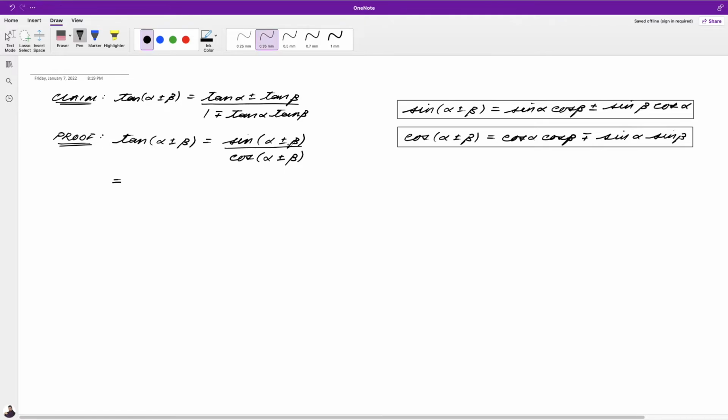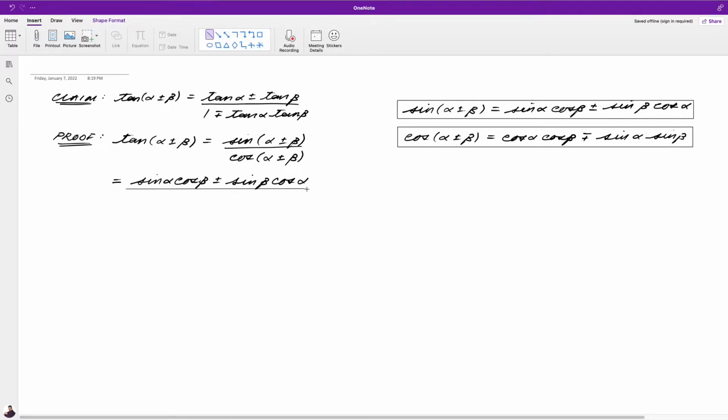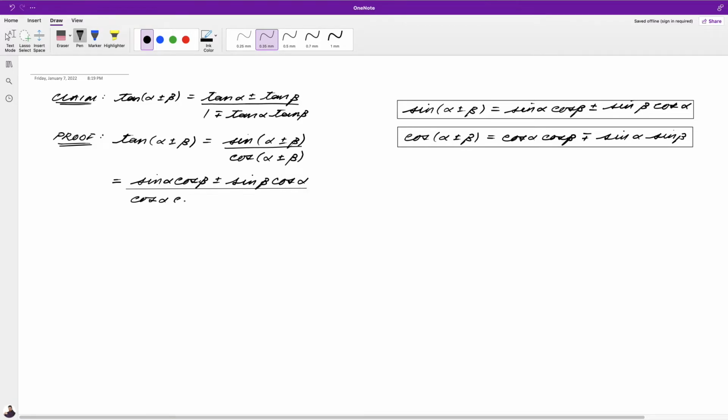Well, the sine of alpha plus or minus beta is, as we have seen here, sine alpha cosine beta plus or minus sine beta cosine alpha. And likewise, as we've seen here, the cosine of alpha plus or minus beta is going to be the cosine of alpha times the cosine of beta minus or plus the sine of alpha times the sine of beta.